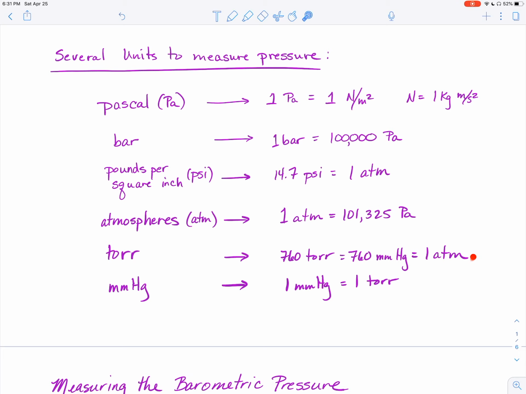Well, I know 1 ATM is equal to this amount of Pascal. So if this is equal to 760 torr, that means 760 torr is equal to that.